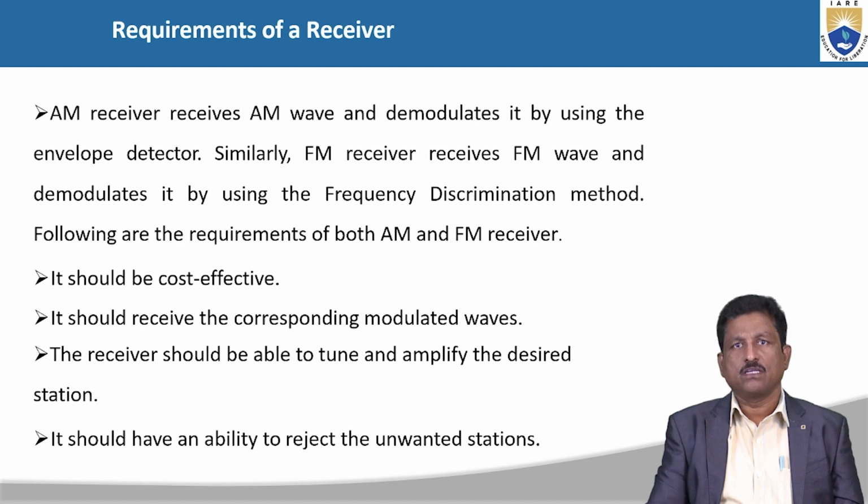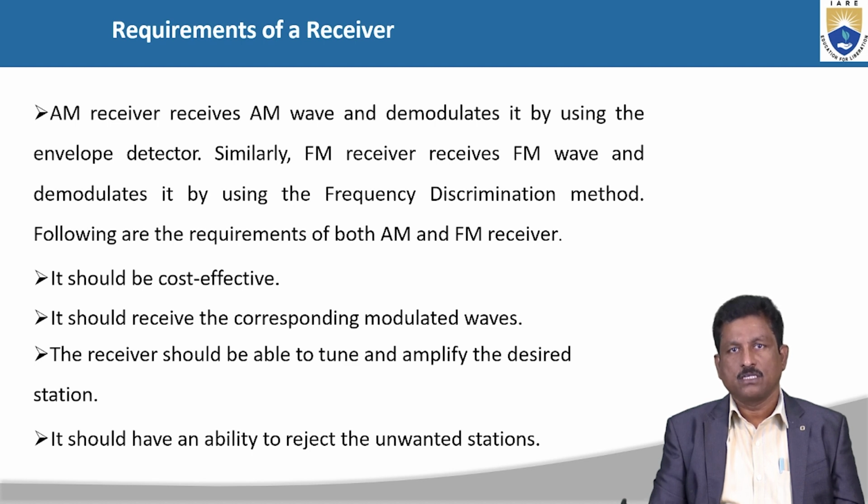Then coming to the basic requirements of any receiver. We are taking the AM receiver, which demodulates by using the envelope detector, especially in the case of analog demodulation techniques. Similarly, coming to frequency modulation, we are going to use the frequency discrimination method, and another technique is the phase discrimination method.